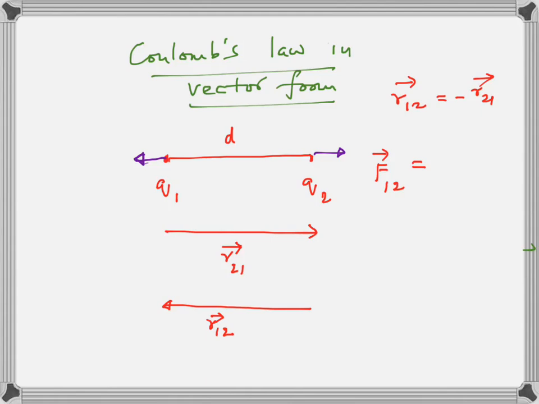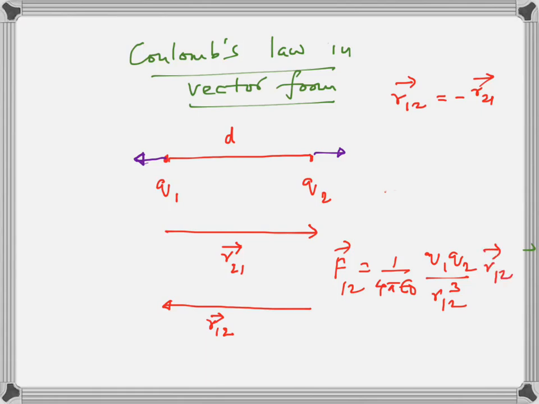The force on charge 1 is given by 1 by 4 pi epsilon naught, q1 q2 by r12 cube into the vector r12. Is it clear?